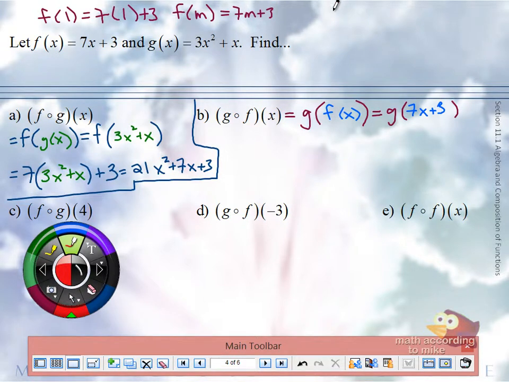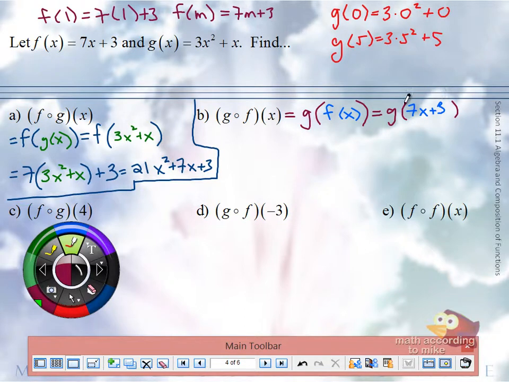So if I asked you to find g of 0, you would say 3 times 0 squared plus 0. If I asked you to find g of 5, you would say 3 times 5 squared plus 5. Correct.